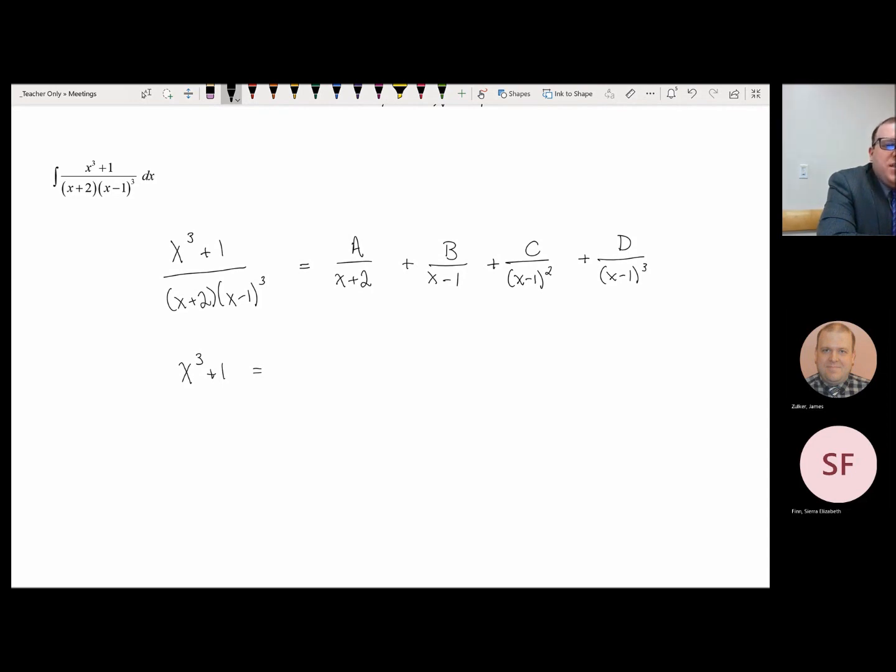So we're multiplying everything through by the denominator. Clearing out the denominator, that is what you're going to be left with.